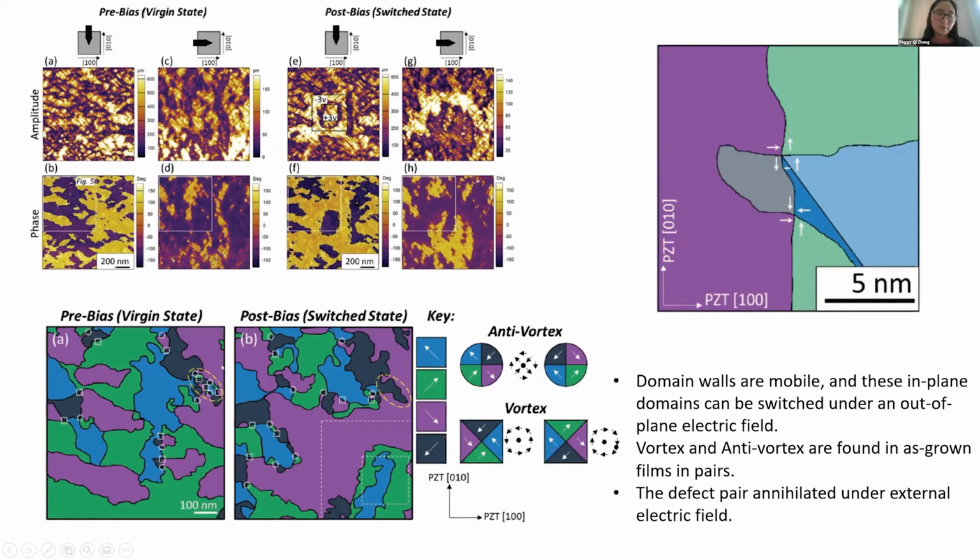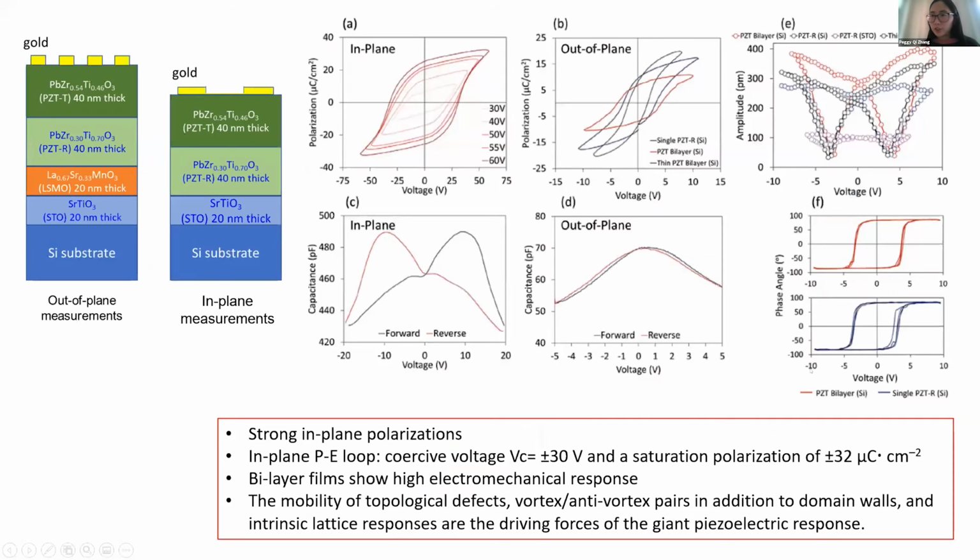As I showed in the beginning, in some studies these have very clear high conductivities, which we will study further later. Very interestingly, after applying bias, these topological defects also move, and their motion could possibly contribute to the high polarizations and electromechanical response we have been observing in these films.